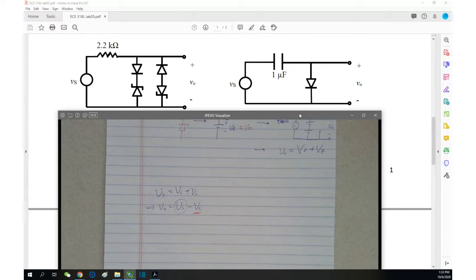Does it make sense, Kevin? That couldn't be the steady state then. So it's not Vs minus Vg, because Vs minus Vg is still not steady state yet. So keep thinking, it's still charging.